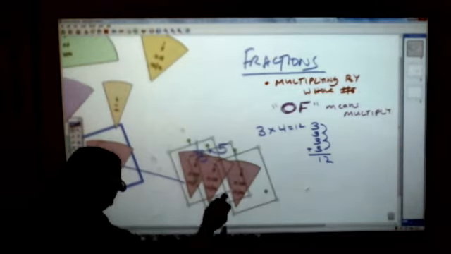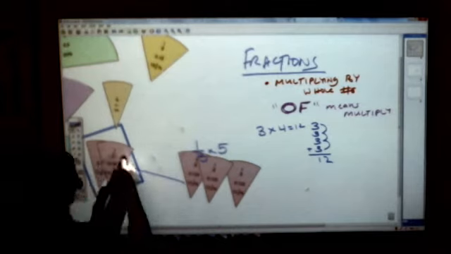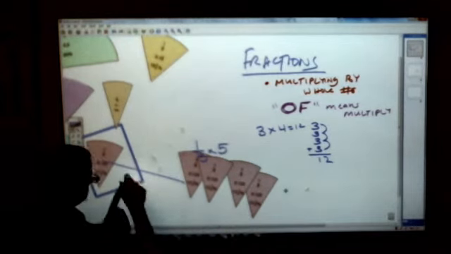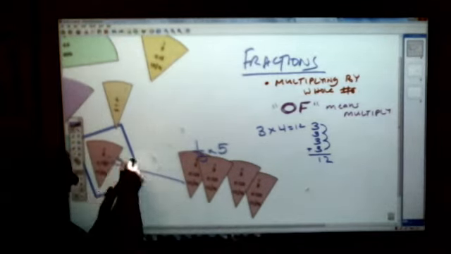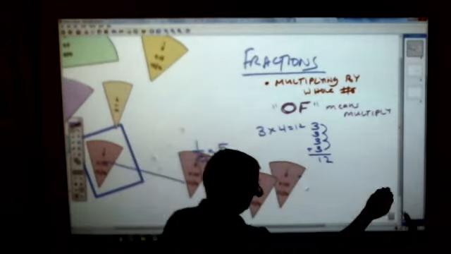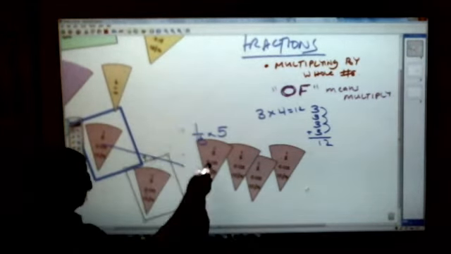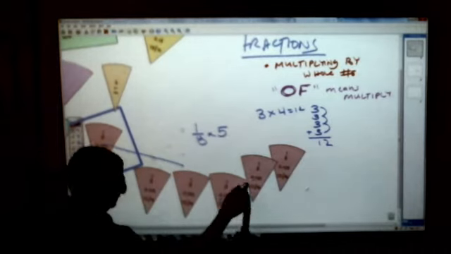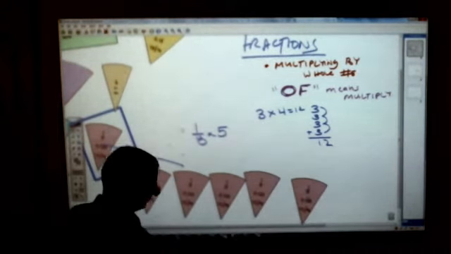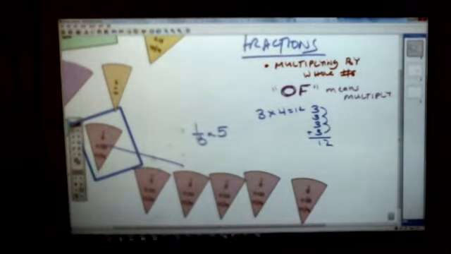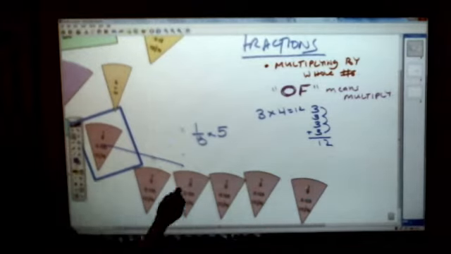Which you probably could do. How many is that? 1, 2, 3, 4, 5. If you added 5 1/8s together, you get 5/8.